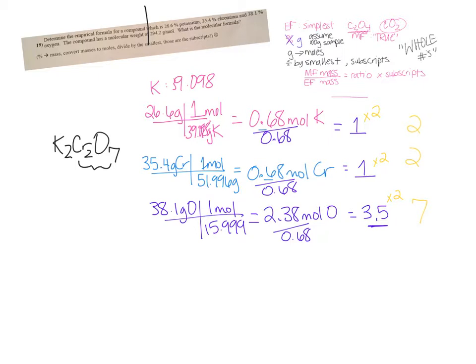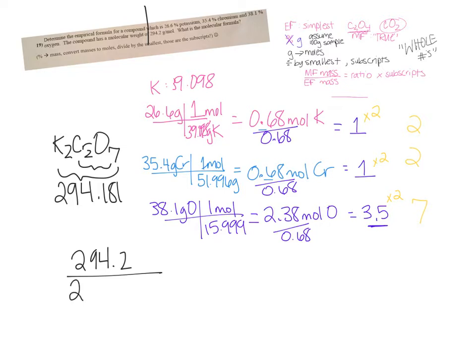So we got there. Now we want to know what is the actual molecular formula of that, though, okay? For the molecular formula, we're going to use that molecular formula mass that they give us, which is 294.2. I'm going to divide it by this mass. So adding up all of these, okay, if you look in there, you would get 294.181.